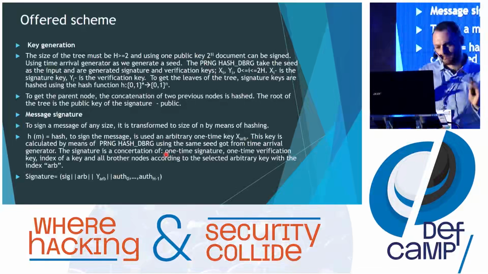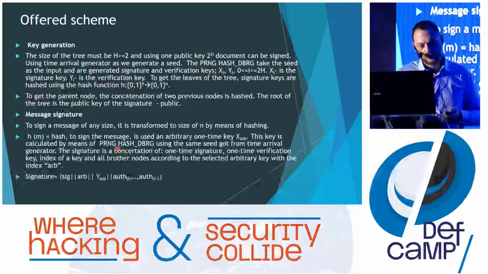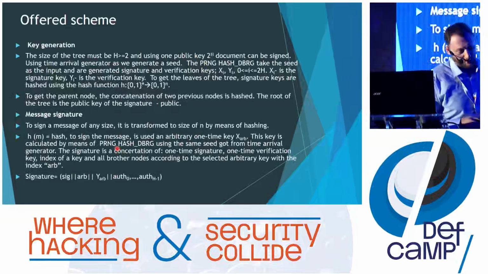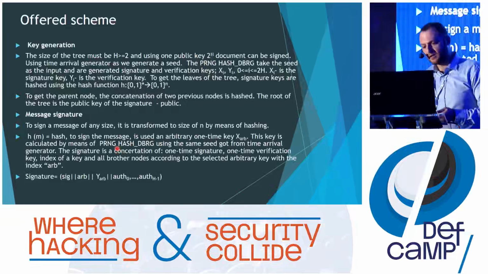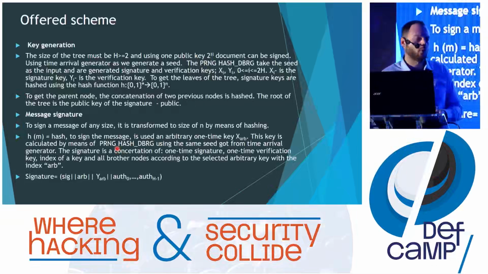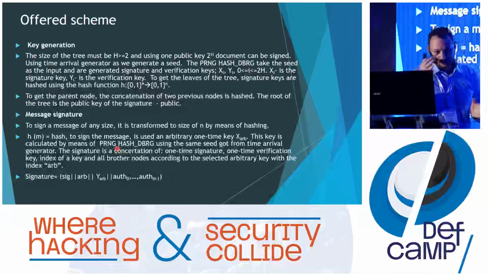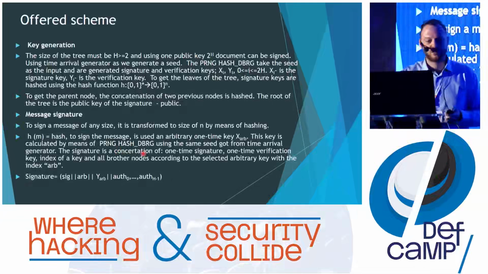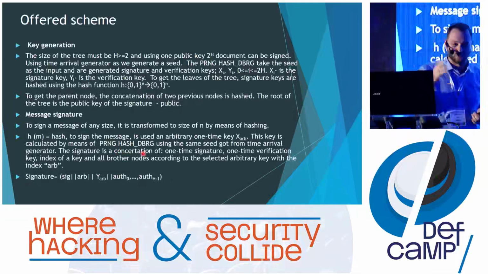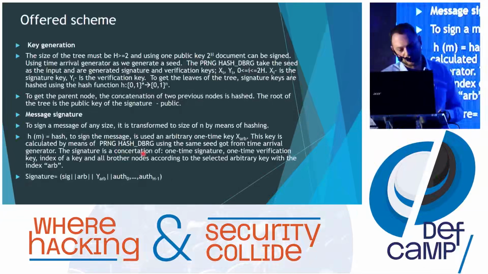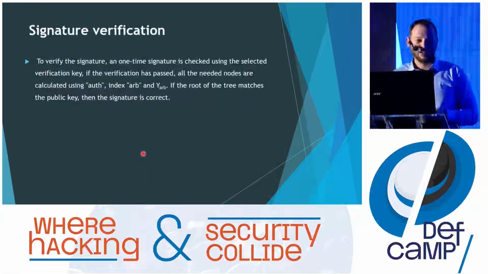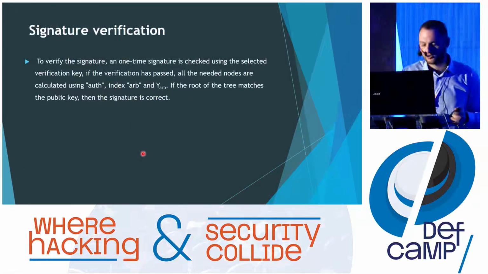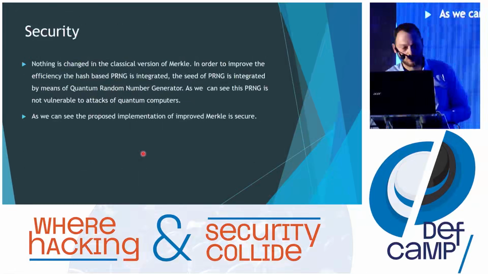All the other processes are the same, and in the signature phase we need the signature keys once more. So we take the same seed from the quantum random number generator to get the same keys, and by means of hash DRBG, which is a NIST standard, we get all the signature keys. The signature verification is absolutely the same process, because here we don't need these pseudo-random number generators at all.